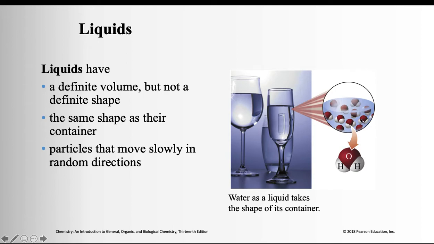So they have a higher kinetic energy than the molecules in the solid phase do, but they do not move as freely as the molecules in the gas phase. So if we think of liquids as the in-between phase, that would be correct.